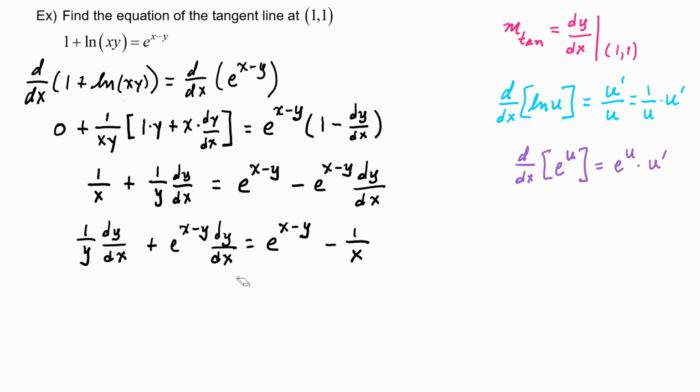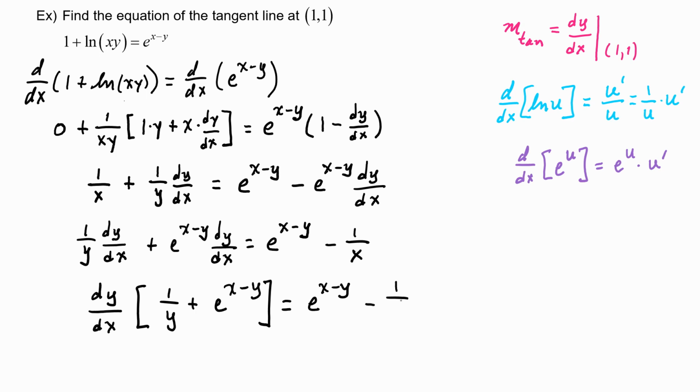Now on the left-hand side, we can factor out dy/dx, and we would have left 1 over y plus e to the x minus y. The right-hand side stays exactly the same, e to the x minus y minus 1 over x.